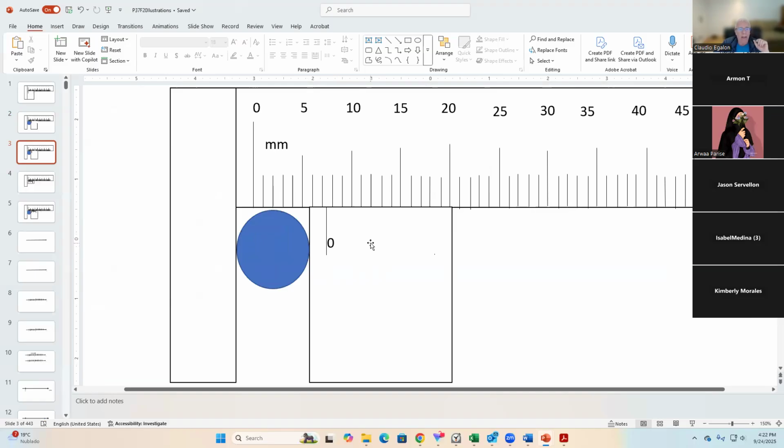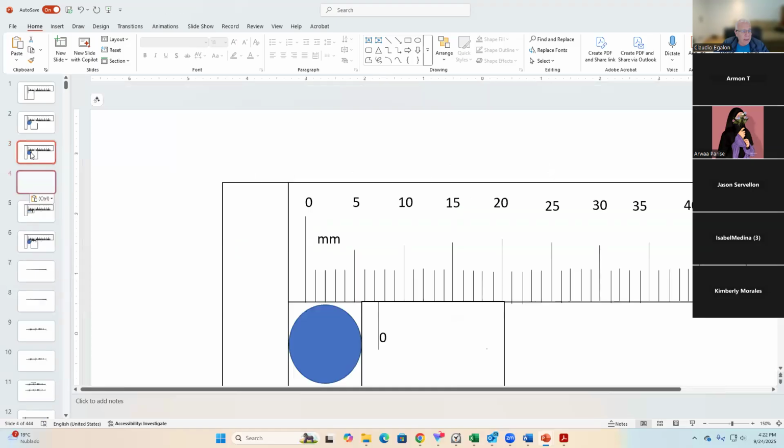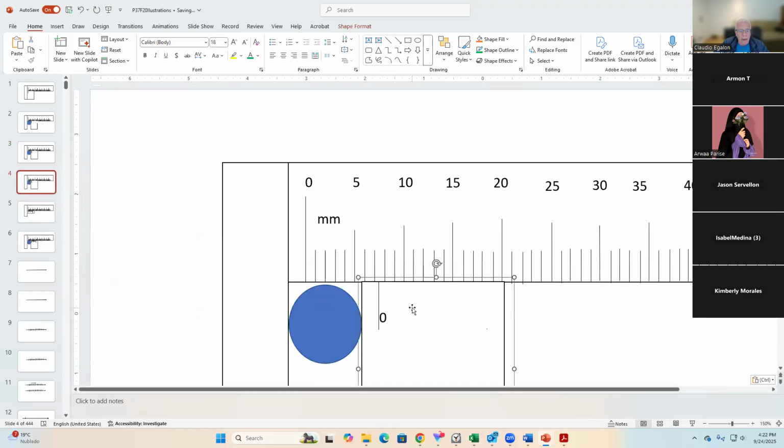But the nice thing about the vernier caliper is that it has that vernier scale that allows you to tell exactly what this something is all about. Okay, and how do you make a measurement of that, right? You have to line up one of those lines that you see here.